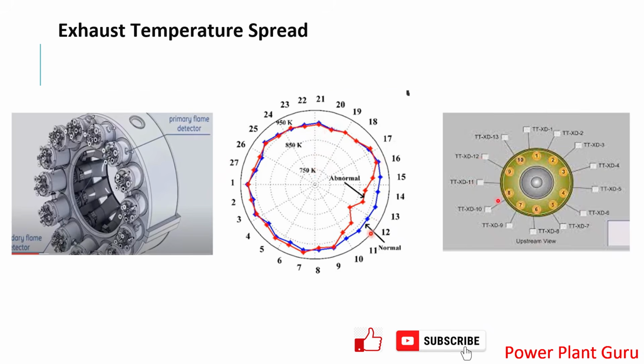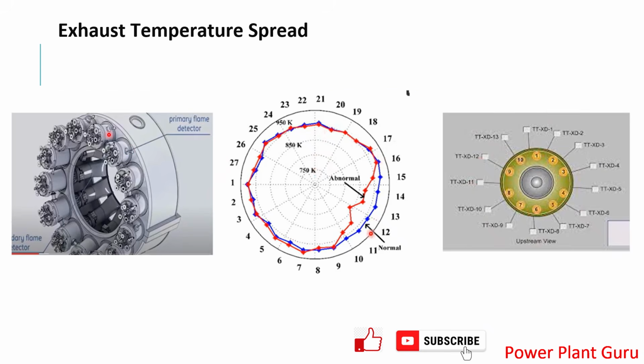This screen shows a general arrangement of combustion cans in a gas turbine. The picture on the left is something you will see in the gas turbine compartment if you go there.